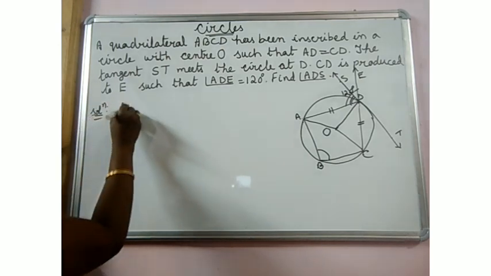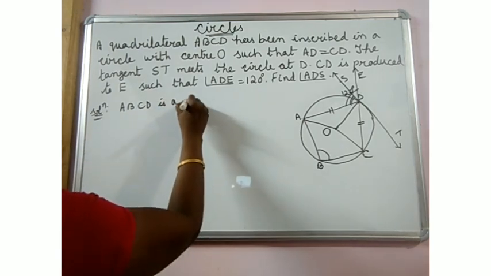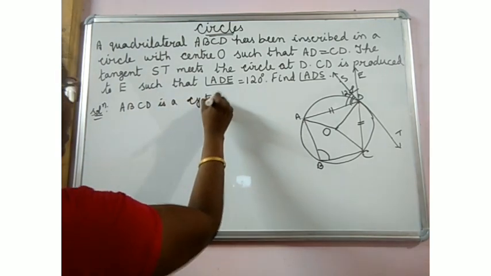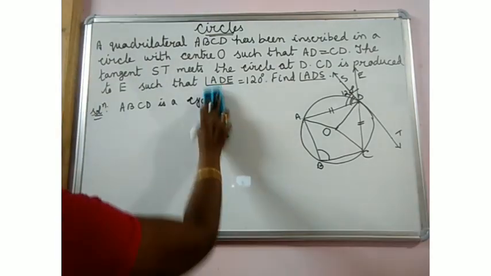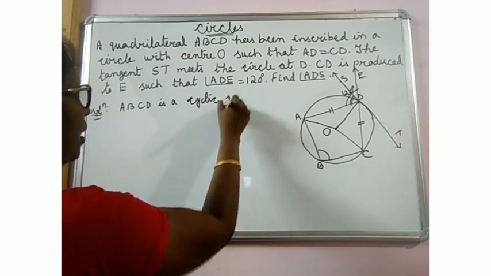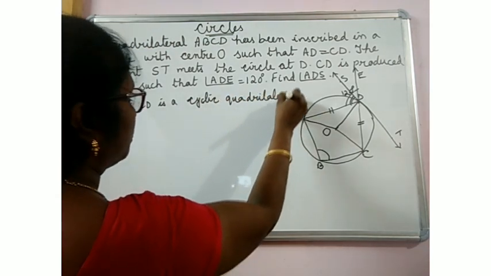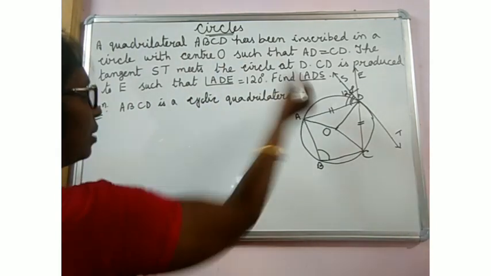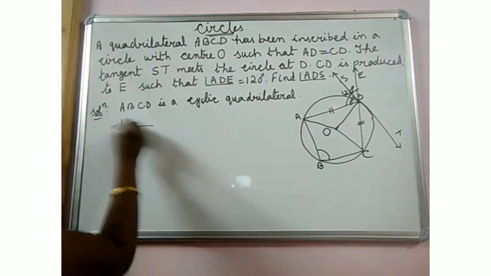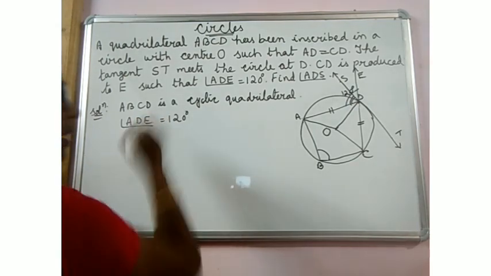What is given is that ABCD is a cyclic quadrilateral. It is given that the quadrilateral is inscribed in a circle, so I am writing cyclic quadrilateral. Angle ADE is equal to 120 degrees.